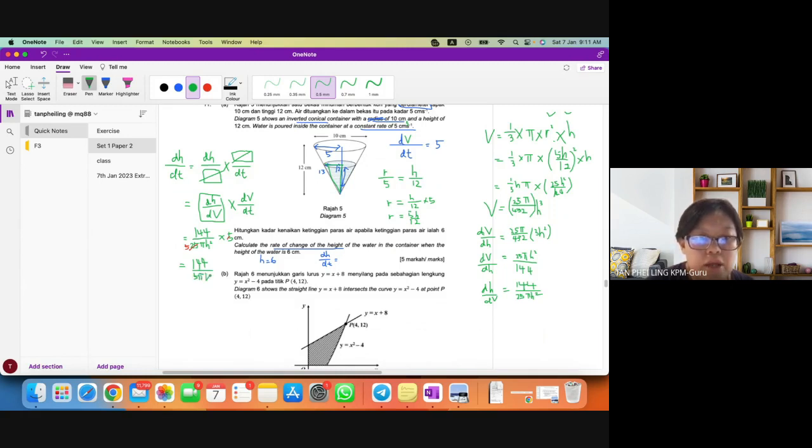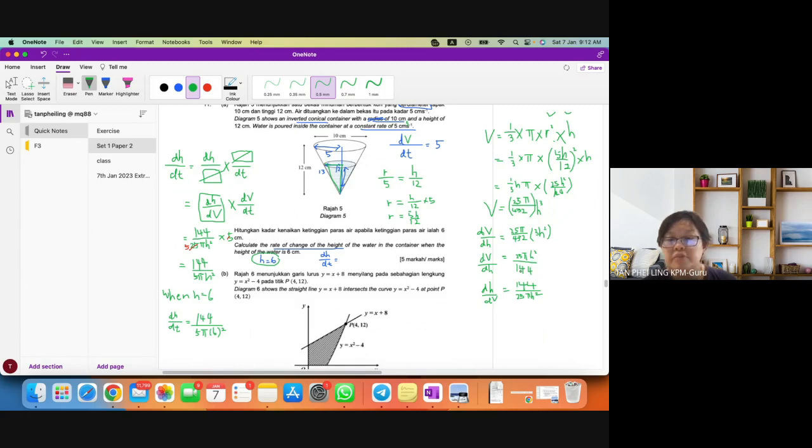Okay. Do I have my answer for h? Yes, they told me the h equals to 6. Am I right? So write down here, when h equals to 6, my dh dt is actually 144 over 5 pi, and then my h is 6 square here. What is tedious here is that you have to remember, whatever that is on top, write on top first.